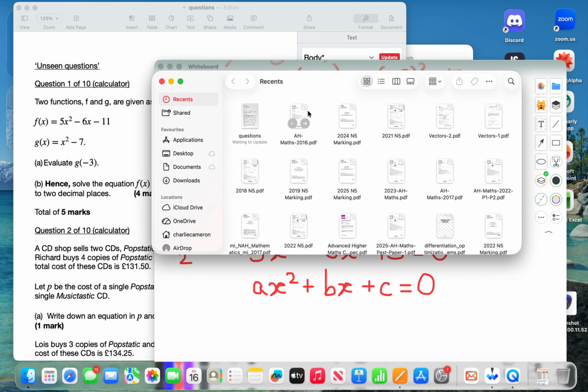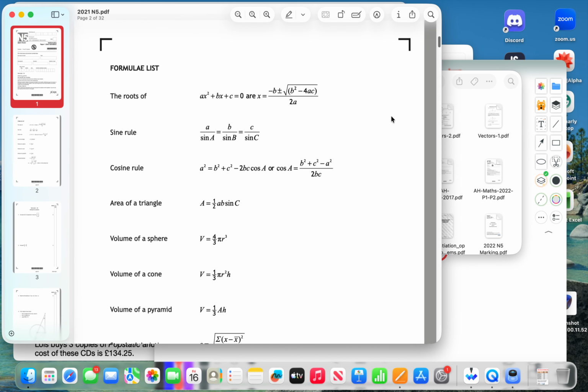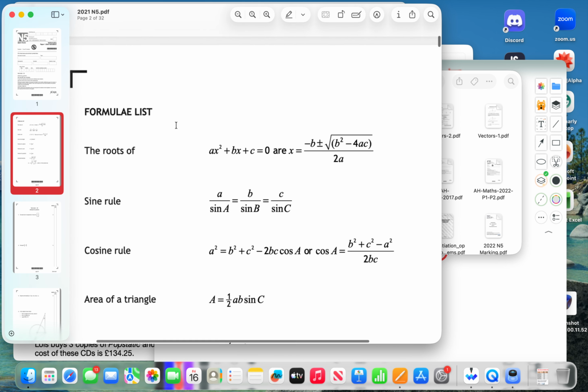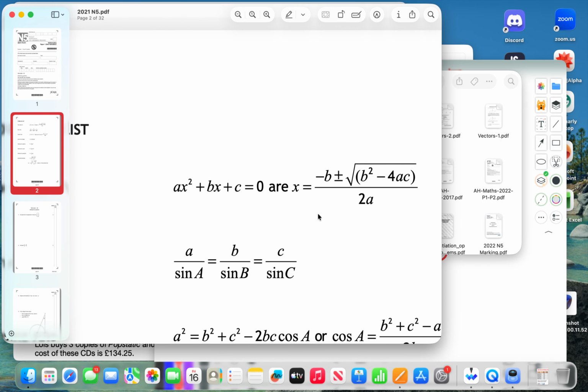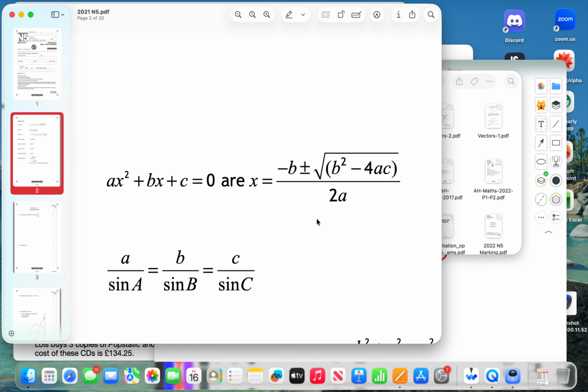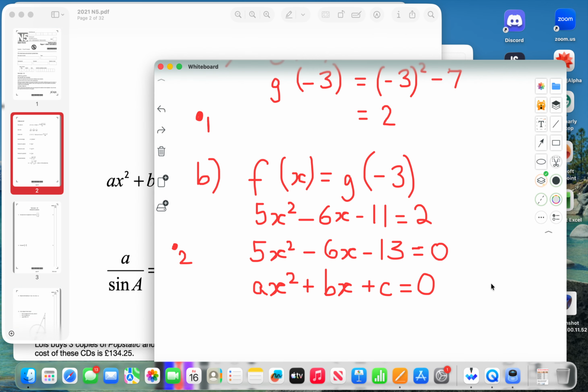Because if we have a look, this is the quadratic formula, and you are given it on the equation sheet. So you don't have to learn this one, but you do have to know how to use it. So we have to find the values of A, B, and C.